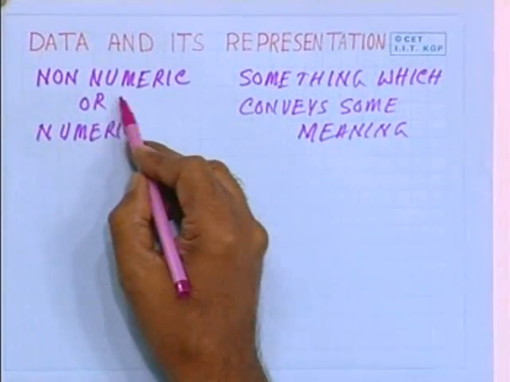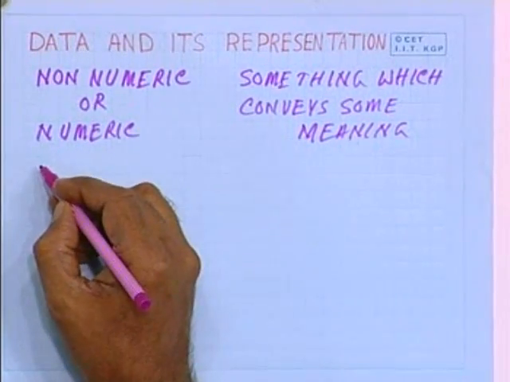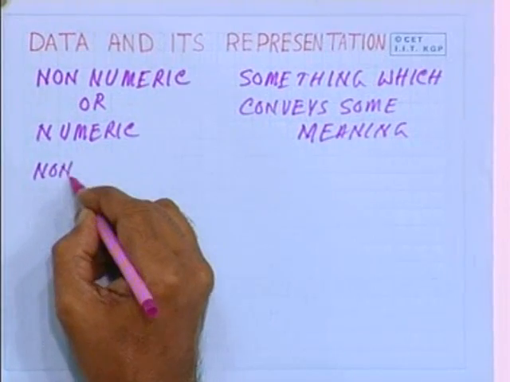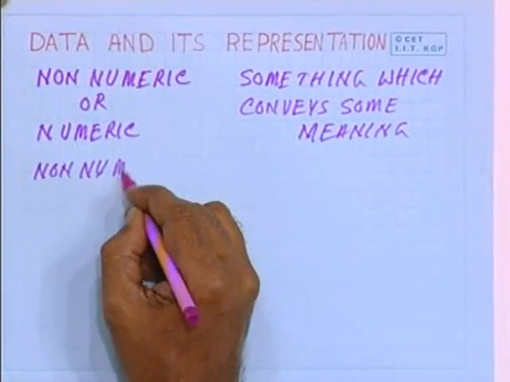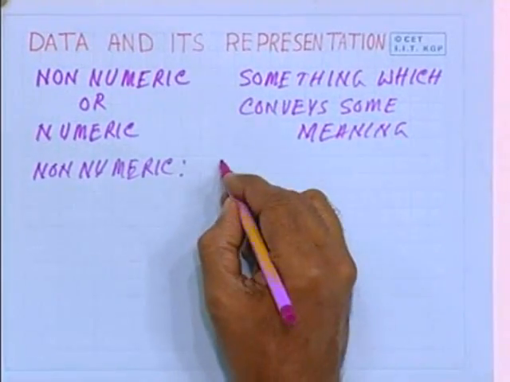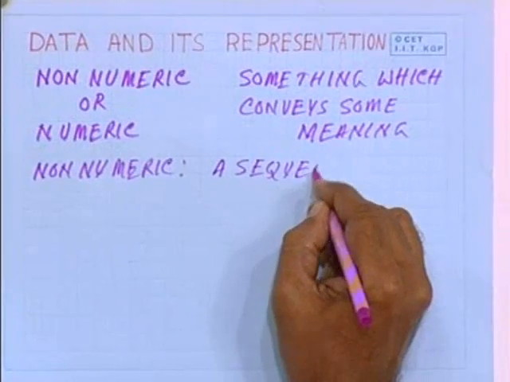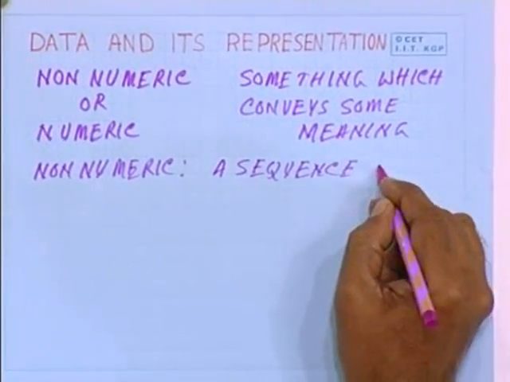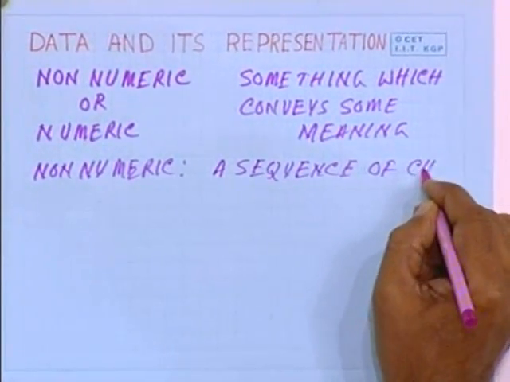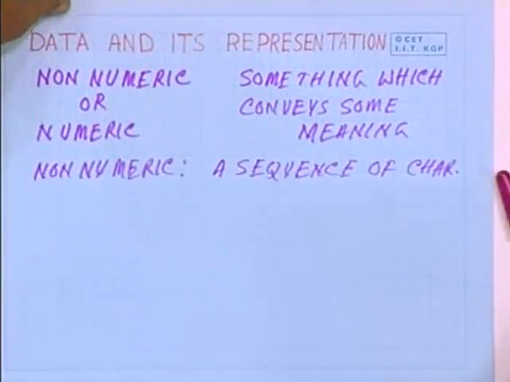Now, it can be non-numeric or numeric in nature. In case of non-numeric, it can be a sequence of characters. Now, the characters can be represented by using some codes.